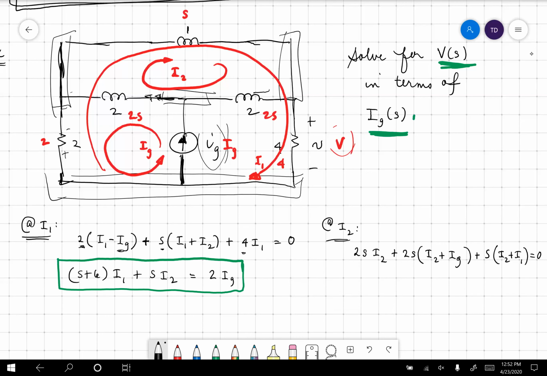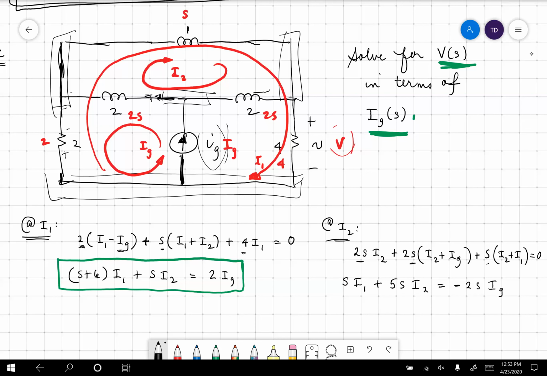Okay, we've got that. Let's just group by terms. For the I1 term, we have S I1. The I2 term: 2S here, two more S's, and then one more S, so 5S times I2 equals, bringing it to the other side, negative 2S IG.